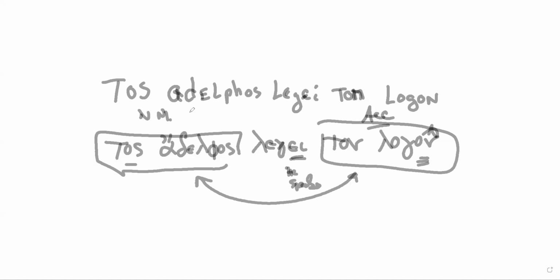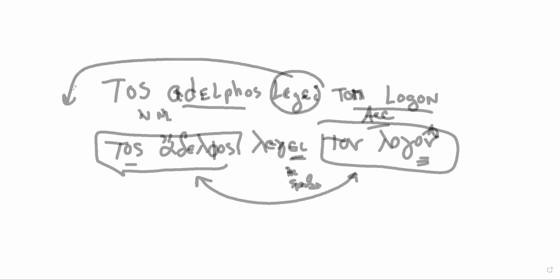You're emphasizing here brother because it comes first. But if you want to emphasize the word, you would put that first instead. Or you could put the verb at the front and say speaks the brother of the word. And you would emphasize something is being spoken, the action of the verb. So these are just little nuances that come in sharing the language.